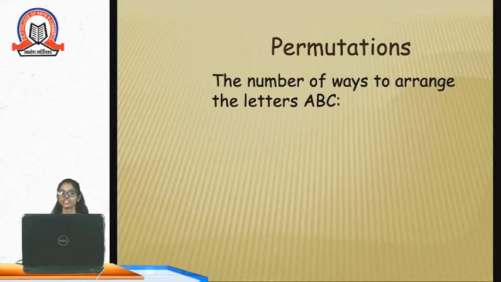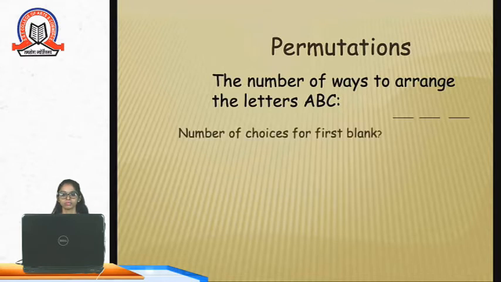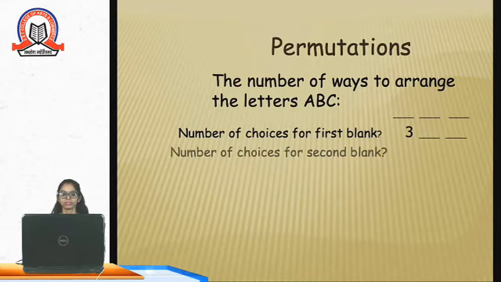Now what is an actual permutation? Let's see a simple example: the number of ways to arrange the letters ABC. The letters ABC means there are 3 letters and 3 places. The number of choices for the first place is 3 because there are 3 letters, and we can choose any letter for the first place.